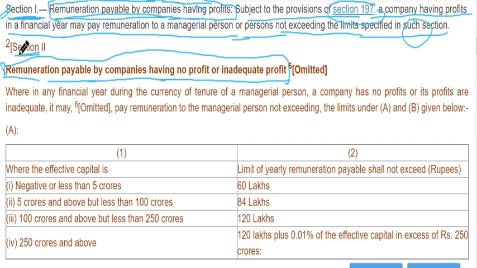Now we are moving forward to Section 2 of Part 2 of Schedule 5, which deals with remuneration payable by companies having no profit or inadequate profit.